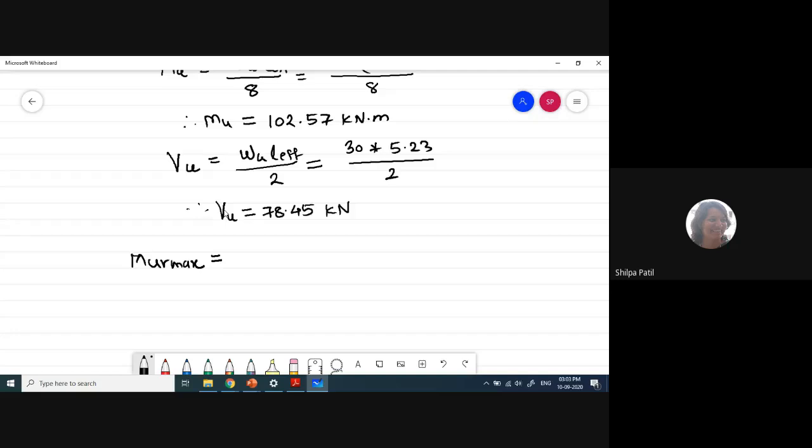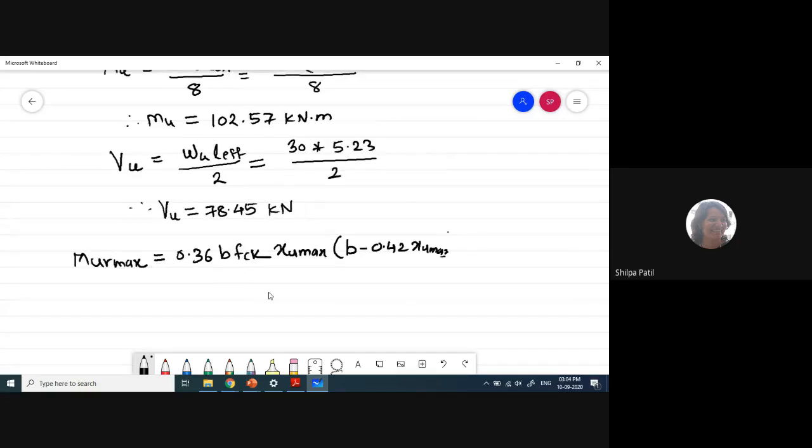What is the formula? 0.36 b into fck into Xu max, in brackets d minus 0.42 Xu max. This is d minus, right? So tell me first the Xu max value.